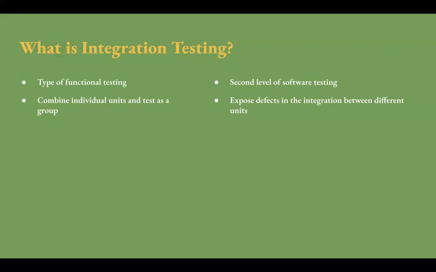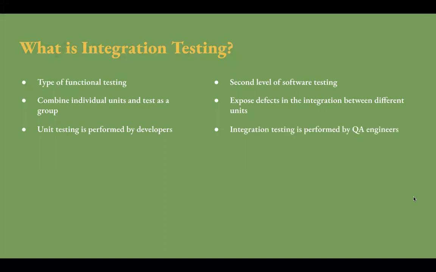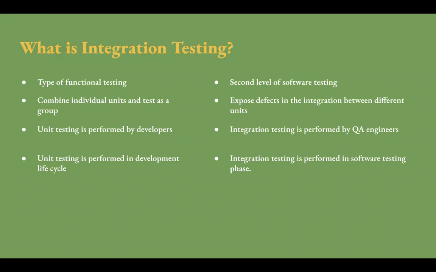Unit testing is performed by developers, while integration testing is performed by QA engineers or testers. Unit testing is performed in the development lifecycle. On the other hand, integration testing is performed in the software testing lifecycle phase.